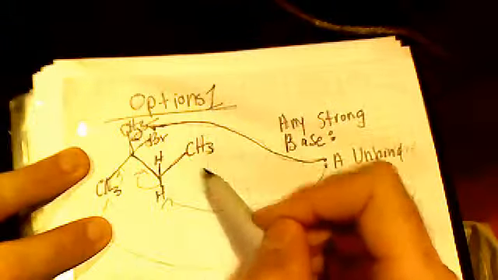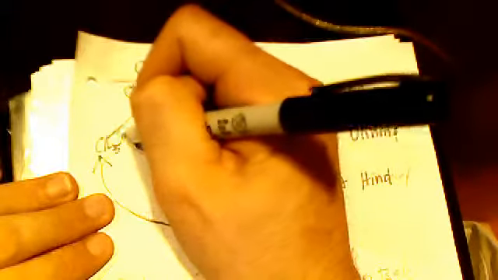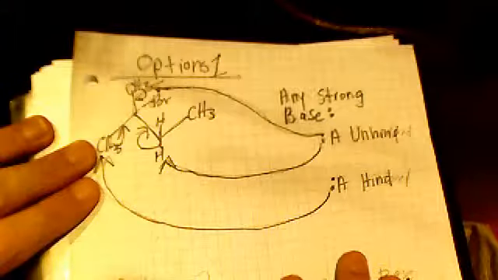We want the double bond to be here. We don't want it to be here. Or it can take a proton from here and make the double bond right here, which we don't want either. And the hindered base, the potassium tert butoxide, would just come over here and take the proton from there and create a double bond there. So we don't get anything that we want from that option.